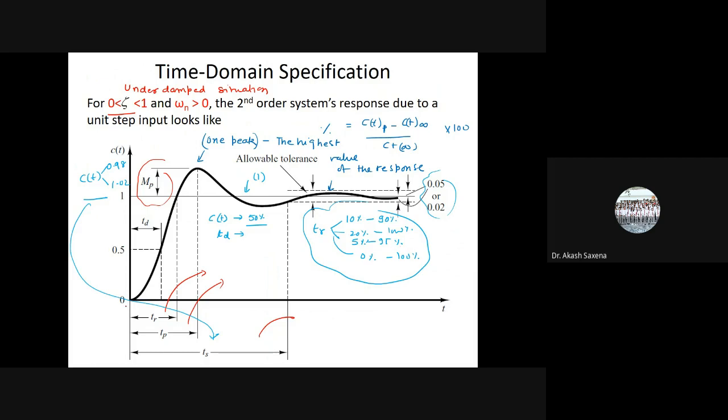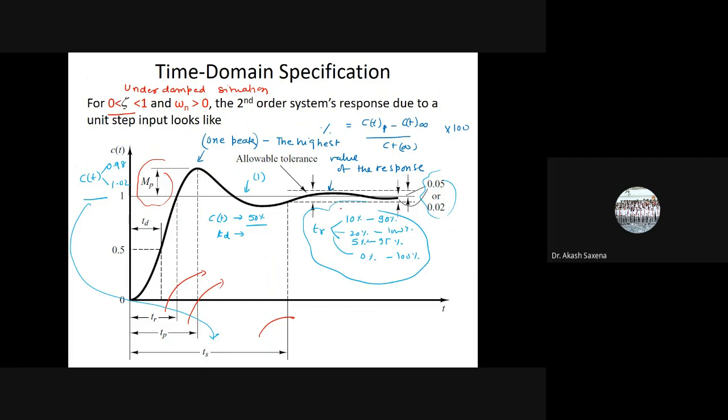So the value of the response increasing from 0 to 50% of the steady state value is called the delay time. When it is reaching 10 to 90%, or 5 to 95%, or 0 to 100%, there are different values, and we call it rise time. Then the time where the peak is appearing is called peak time.